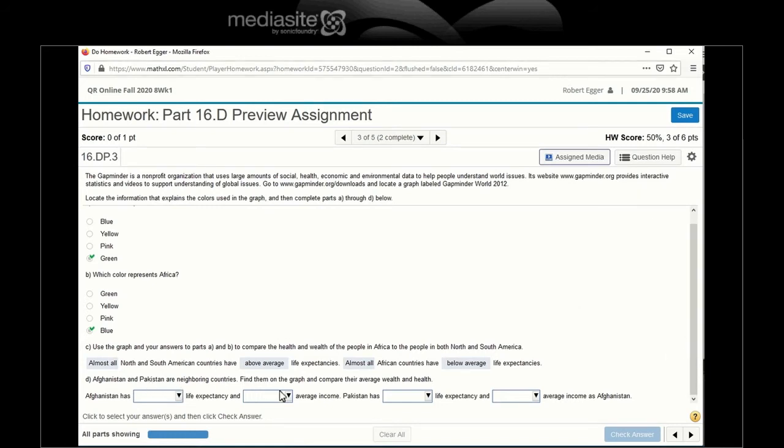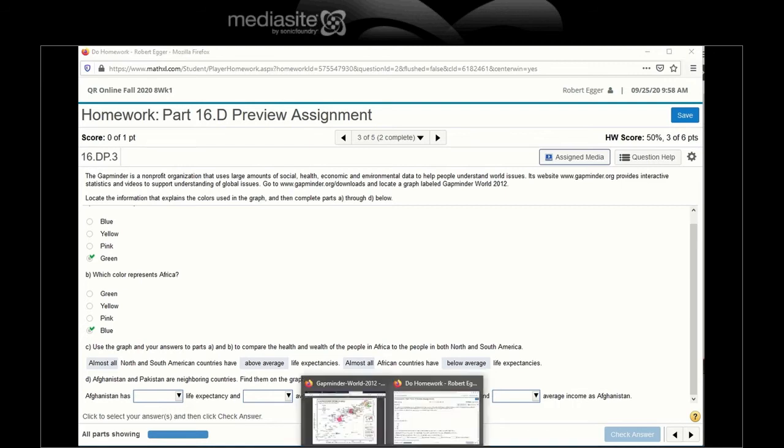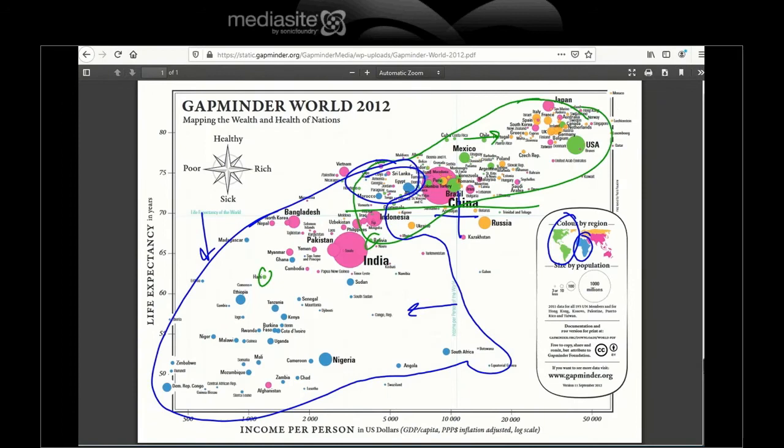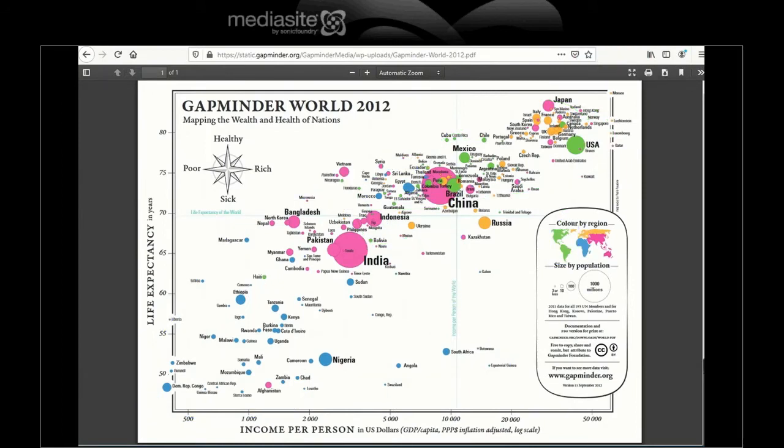Still more. Let's look at Afghanistan and Pakistan. Oh, wrong button again. Clear it up. So let's look at Afghanistan and Pakistan. Remember this from the tutorial.